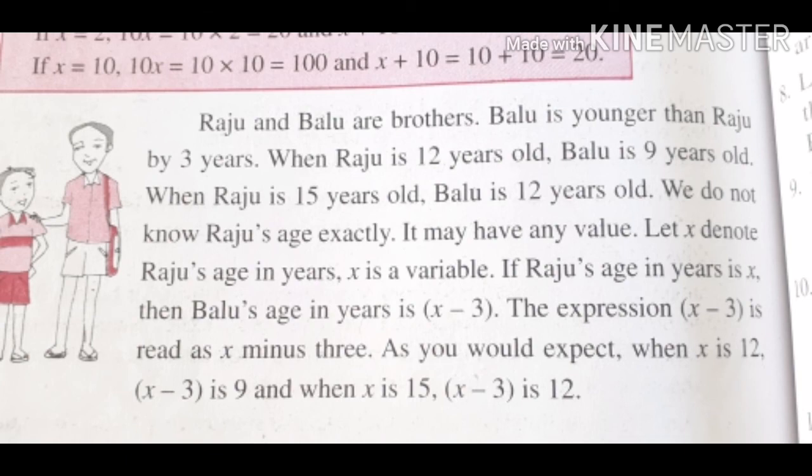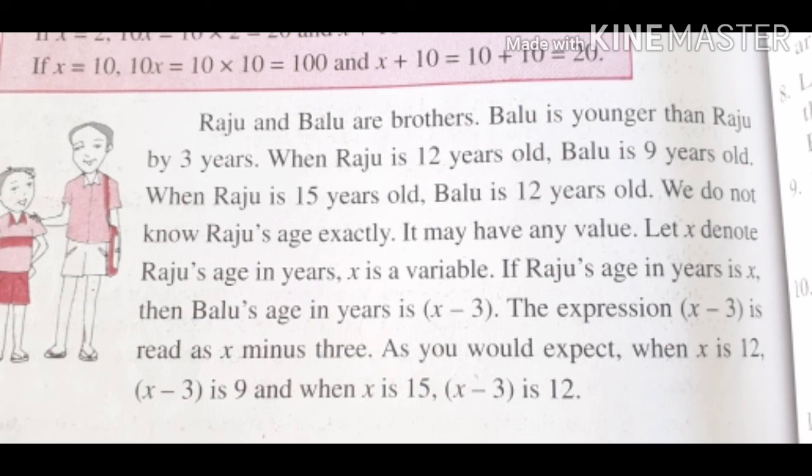Again, these variables are represented in the form of equations also. So how will the equations be formed? There are 2 brothers, Raju and Balu. Balu is younger than Raju by 3 years. So Balu is the smaller one.